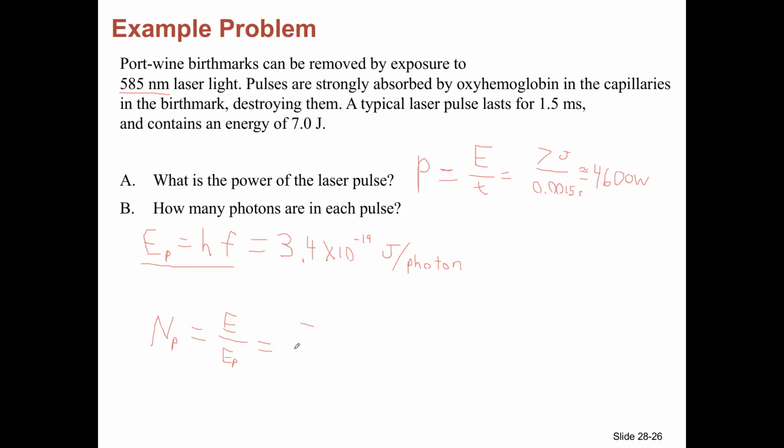So it's going to be 7 joules divided by this number. So Bree, your power of 10, it should be positive. We should have a lot of photons rather than very few. So I think you may have reversed the fraction here.